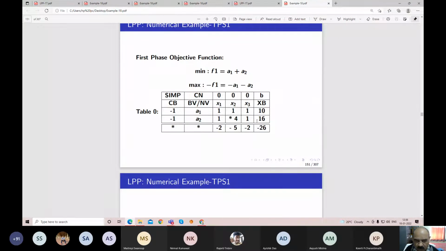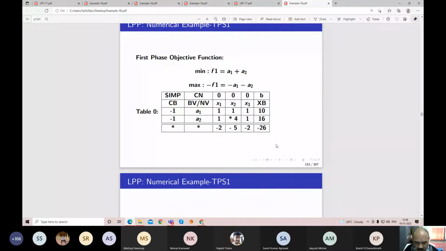For A1 the elements will be 1, 0, and for A2, 0, 1. I have already told you that earlier. So we are using only the condensed table; you need not worry about the extended table.